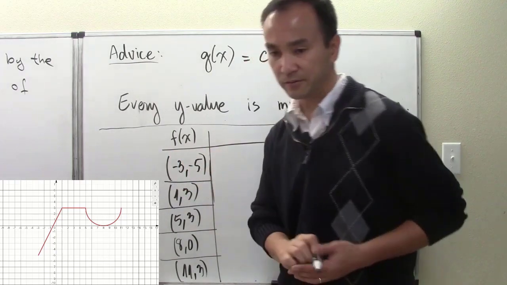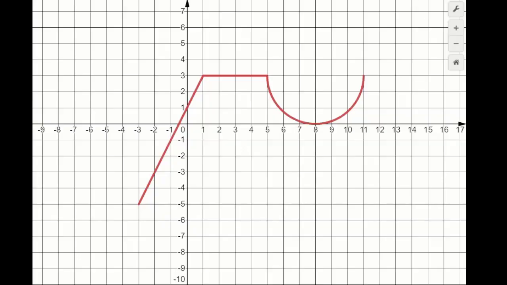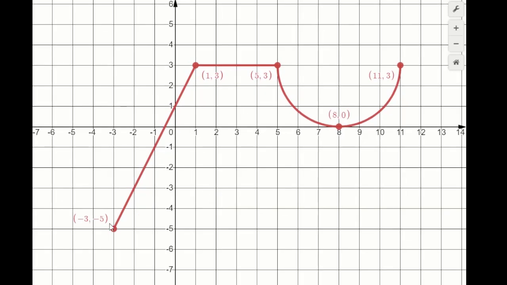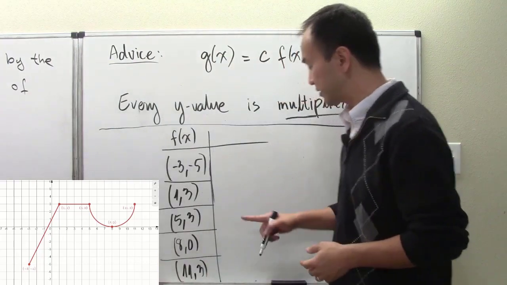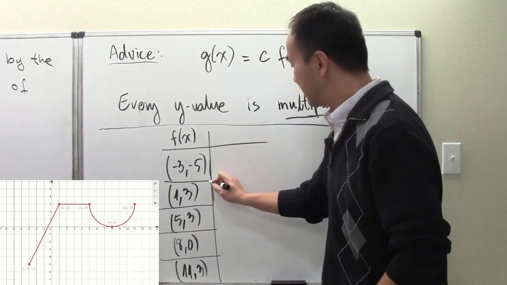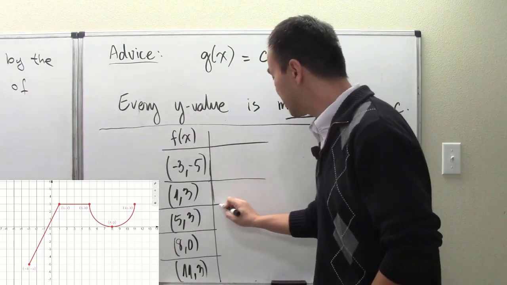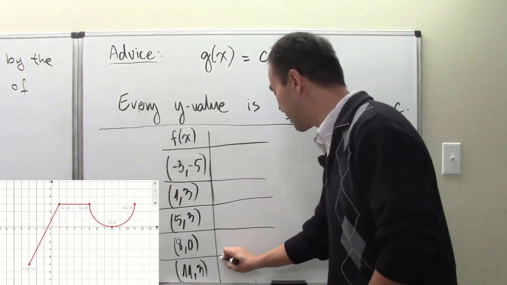Let me put that in full screen view with the guiding points so everybody can see it more clearly. Negative 3, comma negative 5; 1, comma 3; 5, comma 3; 8, comma 0; 11, comma 3. That's my complete list. Now on this table, for the next column to the right-hand side, this is what I'm filling in right here.